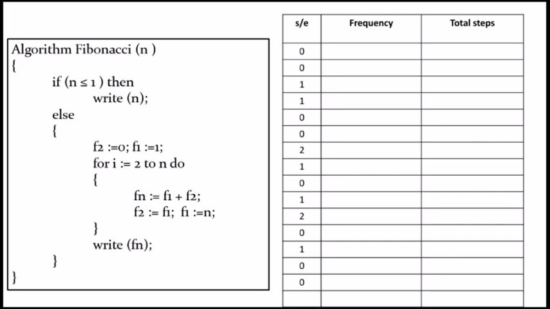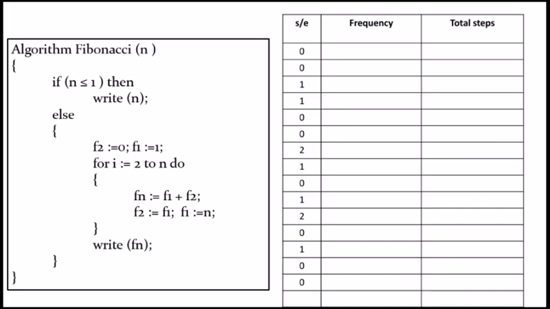Next, the if condition, so we are executing that, so this will be considered as 1. Then write n, so this will again be considered as 1 step. Else is just a statement, so we are not calculating anything, so it will be 0. Again the opening flower bracket of else is considered as 0.